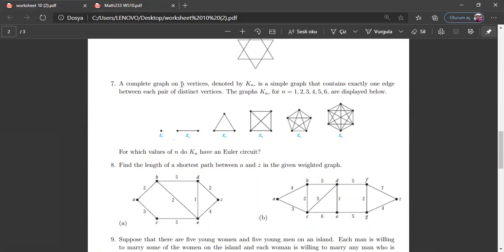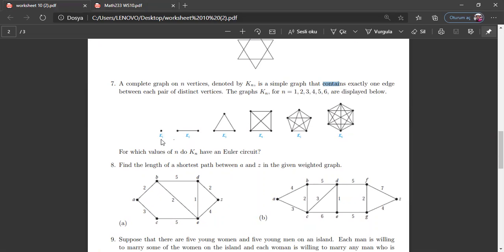Here there's a definition of a complete graph of n vertices. It should be simple and it should contain exactly one edge between each pair of vertices.